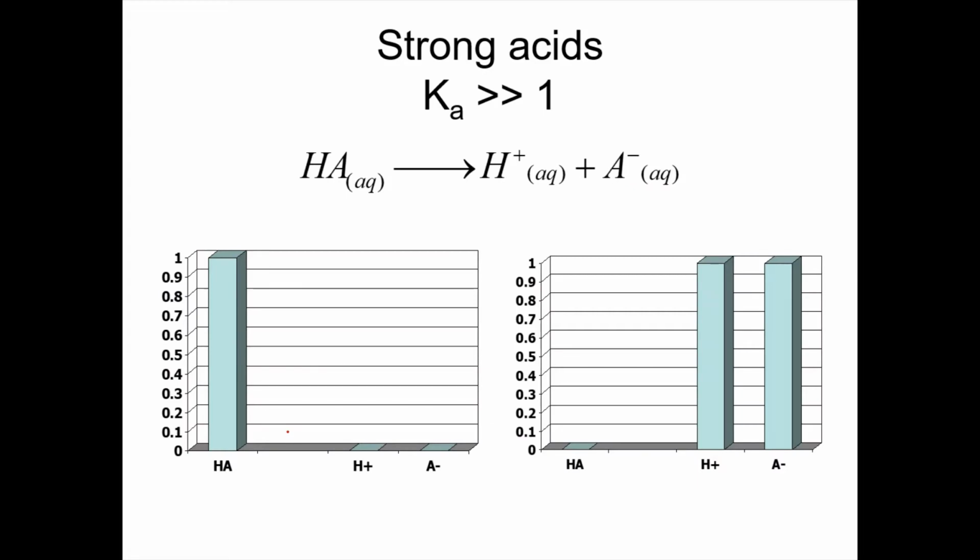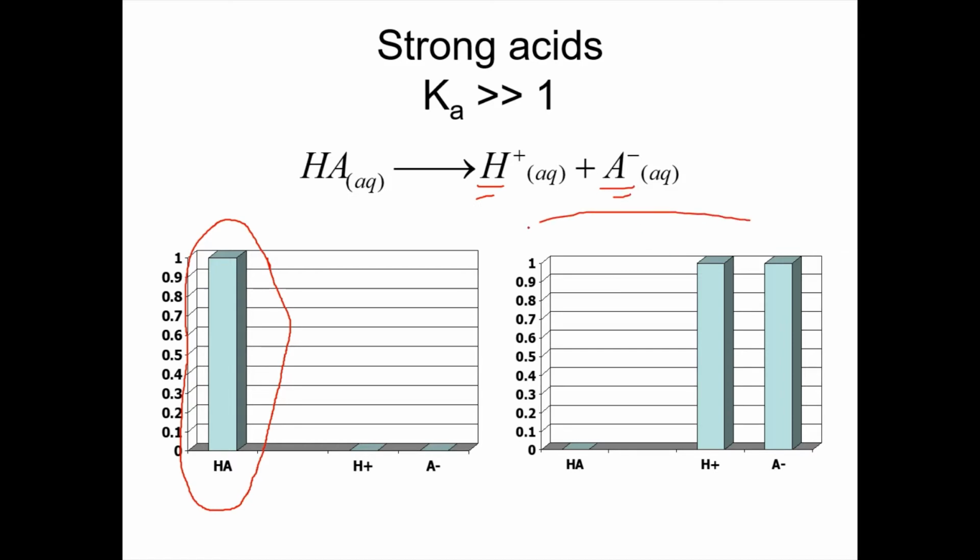But just to show you the difference between strong and weak acids. When a strong acid has a Ka greater than 1, if we did all the calculations, basically you'd start off, when you just had the acid before you put it in water, with all the molecules being neutral acid molecules. Once you put it in water, though, all those break apart and turn into hydrogen ion and the conjugate base.